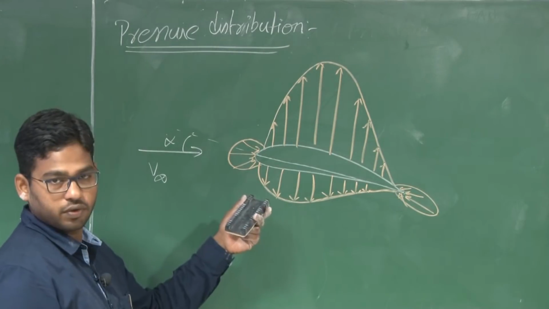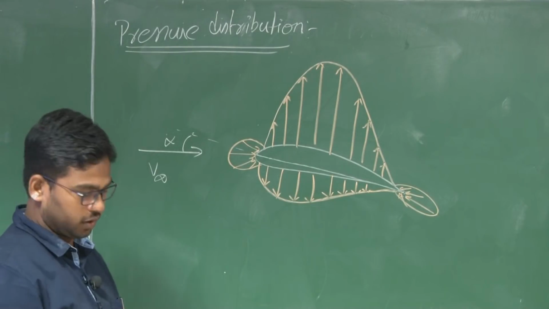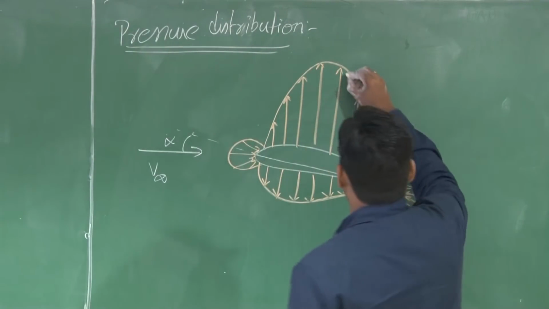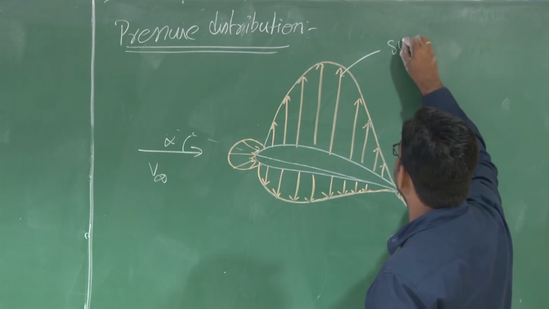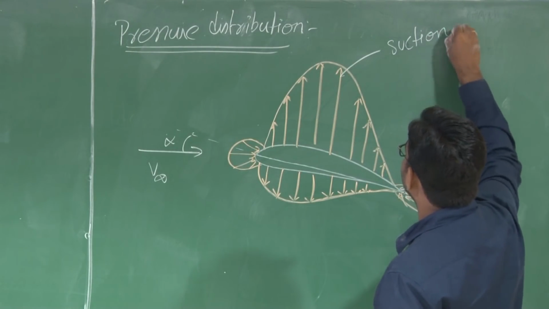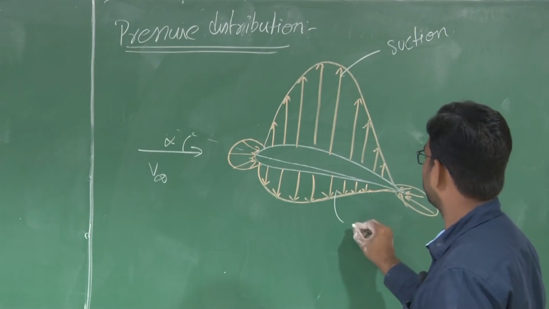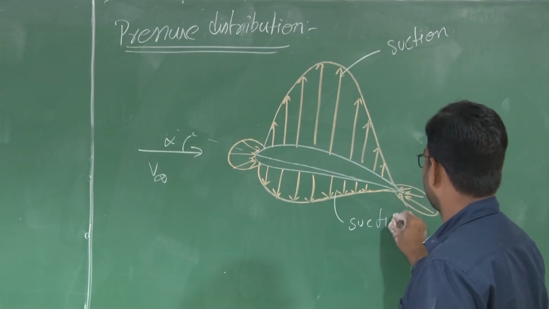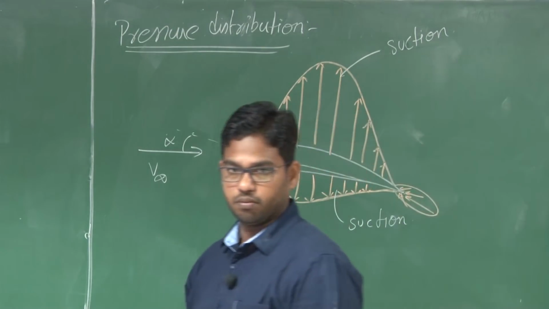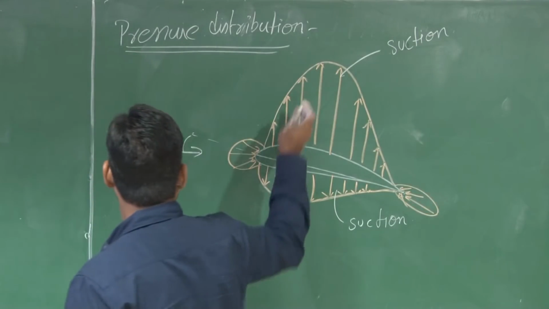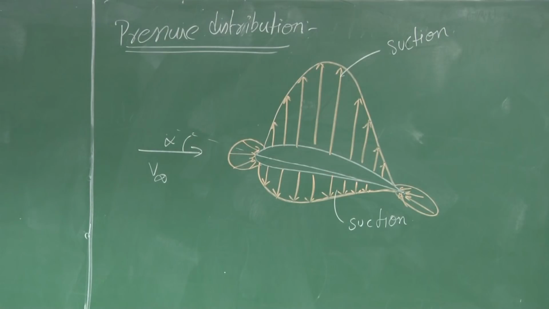This is a cambered aerofoil, or you can also have a symmetric aerofoil at a certain angle of attack. The arrows here pointing away from the surface represent suction or negative pressure. So even on the bottom surface you have suction, or negative pressure. But the difference is that the suction is more on the upper surface.